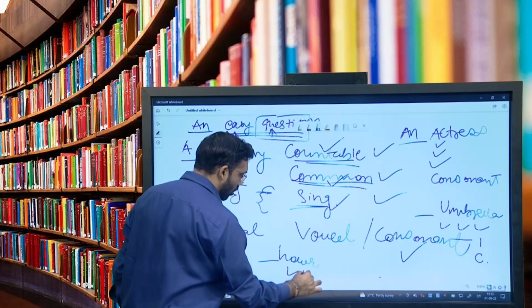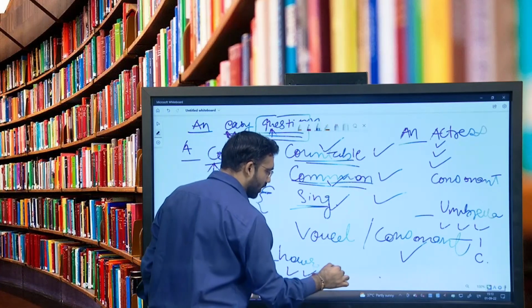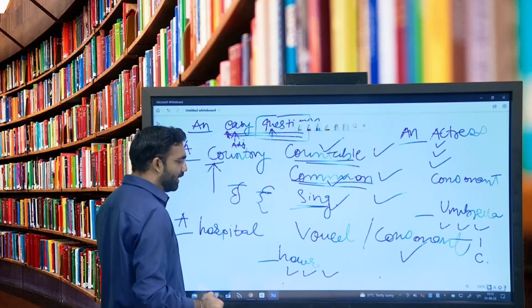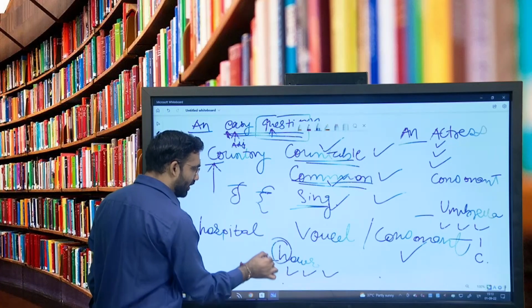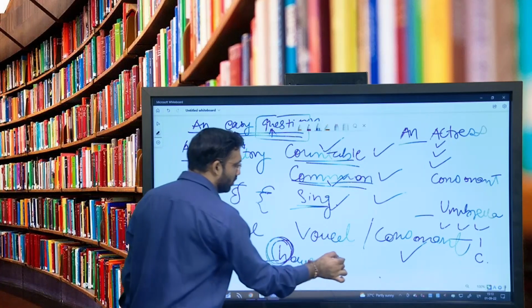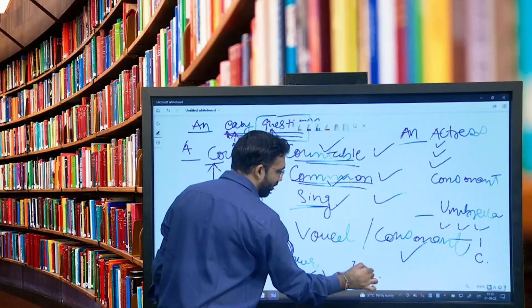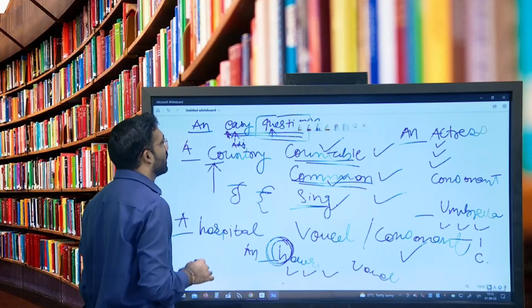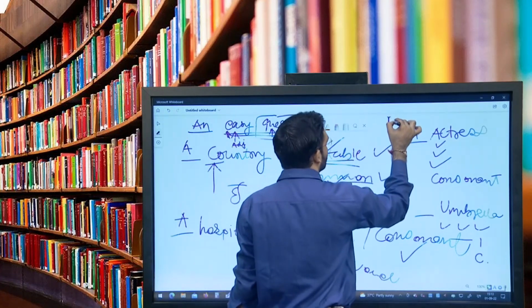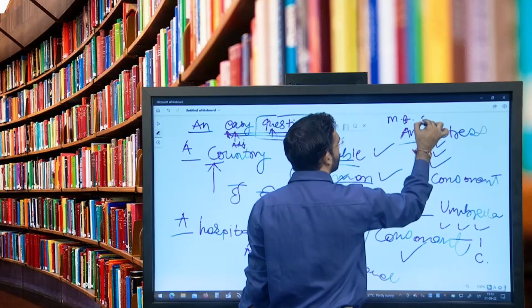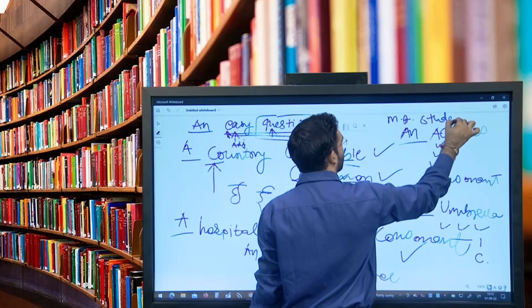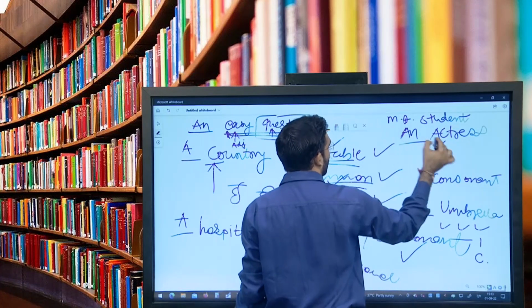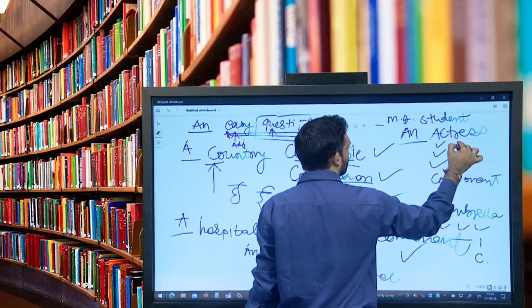Countable, common, singular, vowel sound or consonant sound, not letter but a sound. The sound is vowel. An hour. Am a student. Countable? Yes.